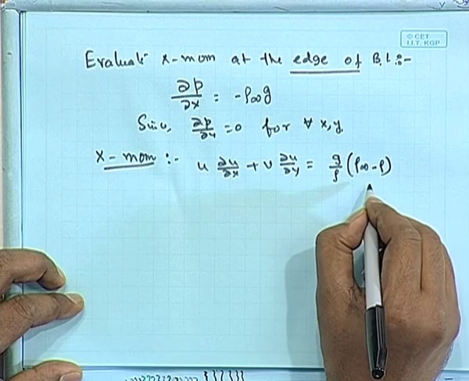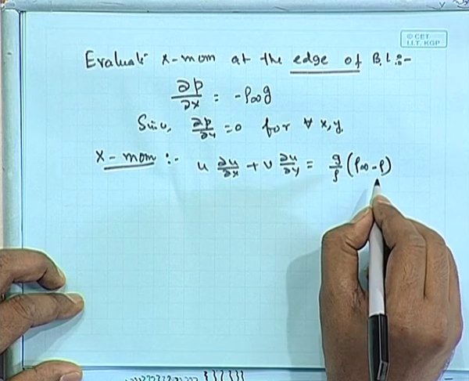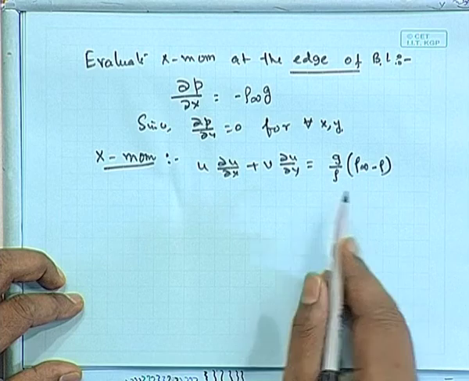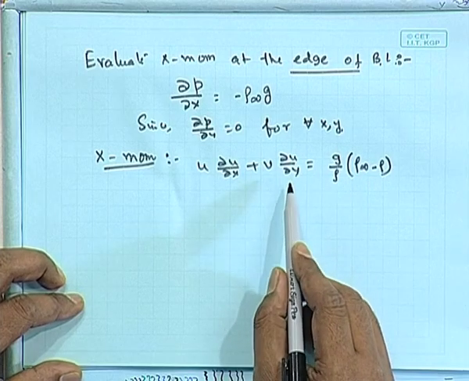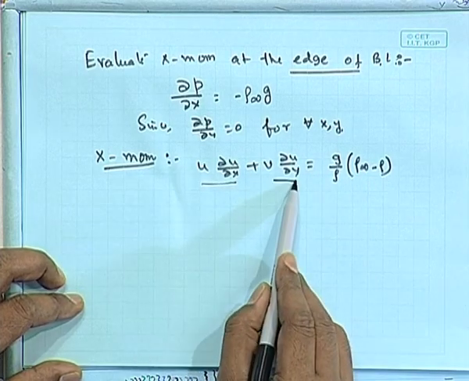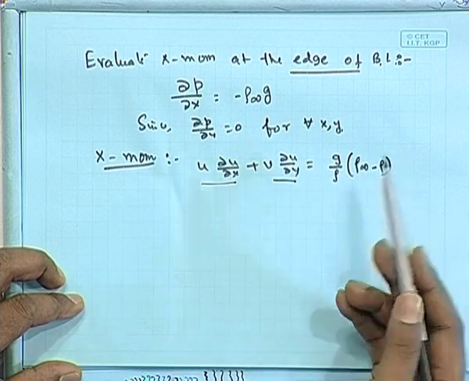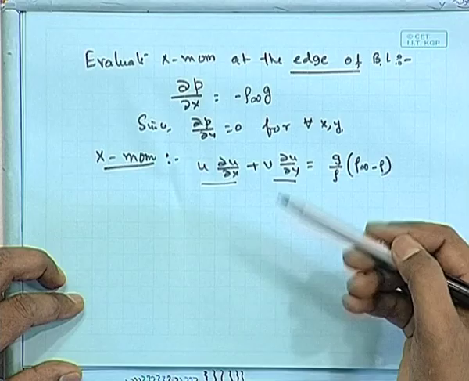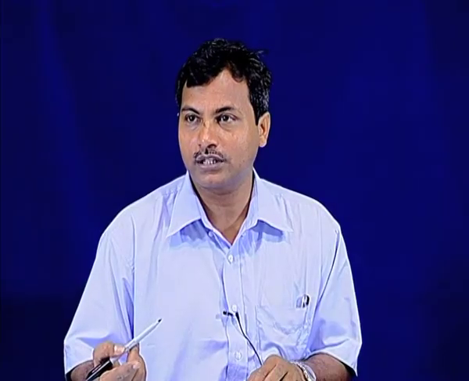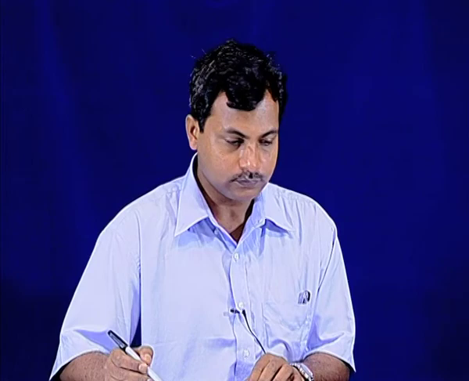Del U by del Y must be very small, not equal to 0. Otherwise, these terms will be comparable, because whatever the value of U itself is very small and delta y is also small. So the ratio will be of order 1, if you do an order of magnitude analysis, exactly the boundary layer analysis we have done for a flow over a flat plate.